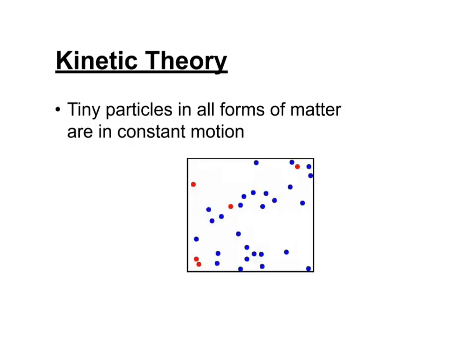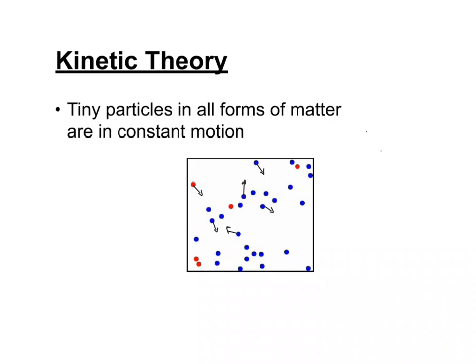So the kinetic theory basically says that tiny particles in all forms of matter are always moving. They are always in constant motion. So you have, let's say, a container that's filled with gases. Well, all of these gas particles, whether they be individual elements or molecules, are continuously moving.